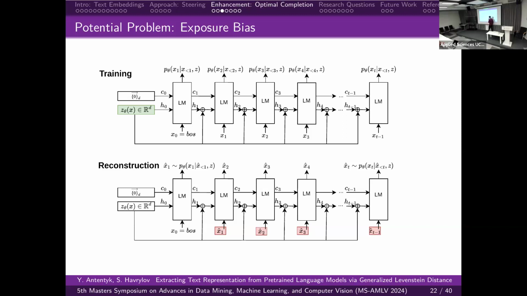It means that the distribution of these red guys, which are tokens generated by the model conditioned on Z, differs from the training distribution when we trained this vector Z. We trained for one sentence, and during reconstruction we get a completely different sentence. So this embedding Z actually fails to fulfill its duty, because the whole point of conditioning on Z is to be able to reconstruct the original sentence.